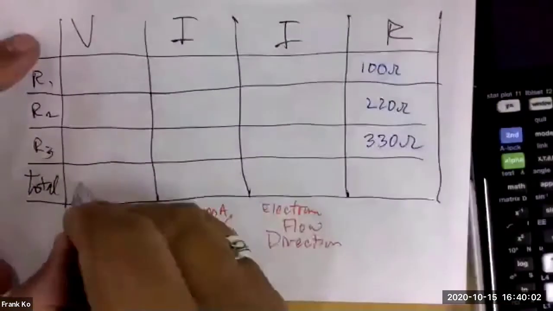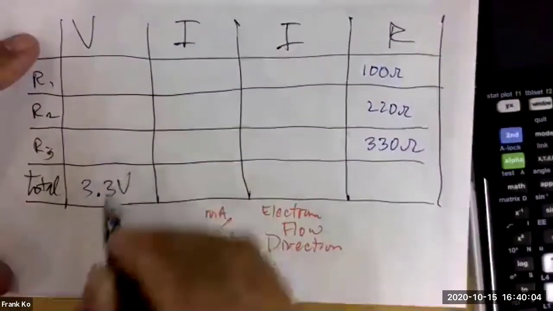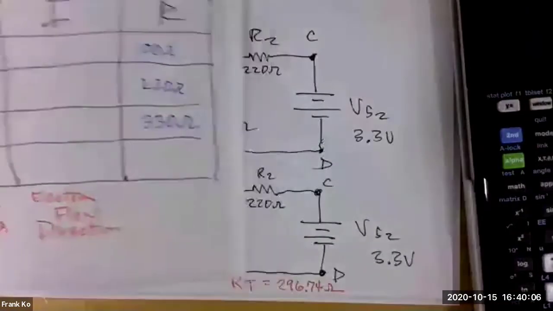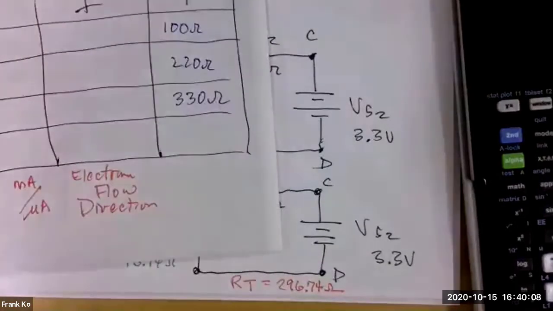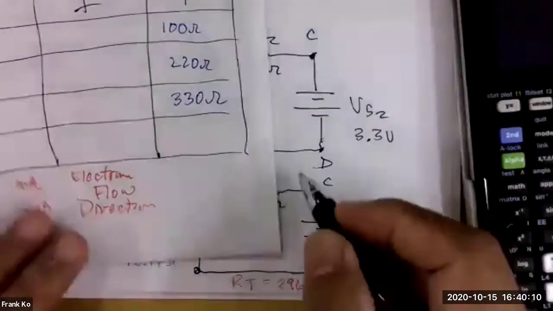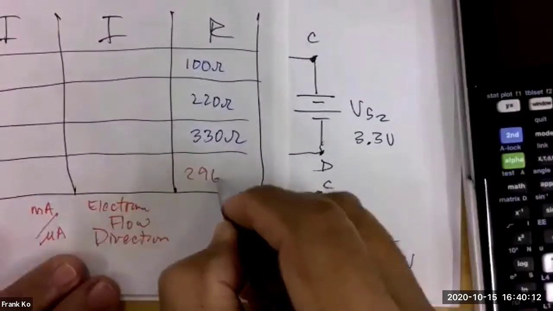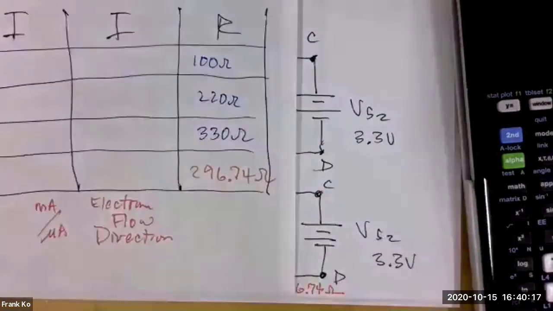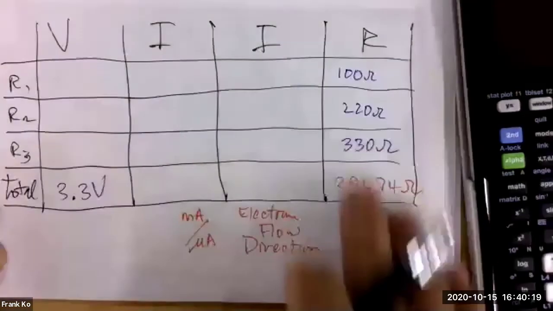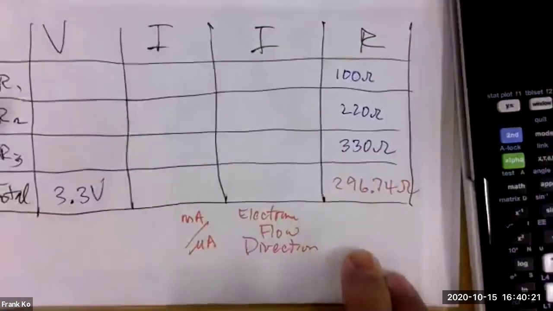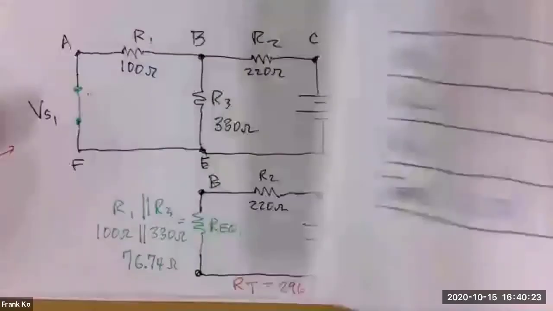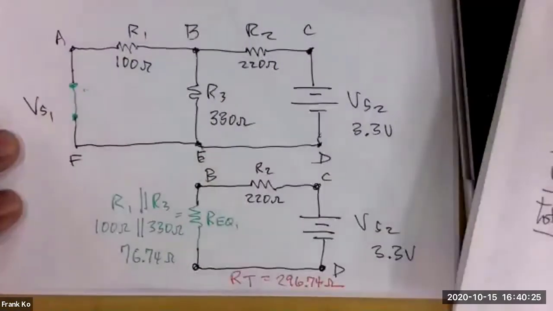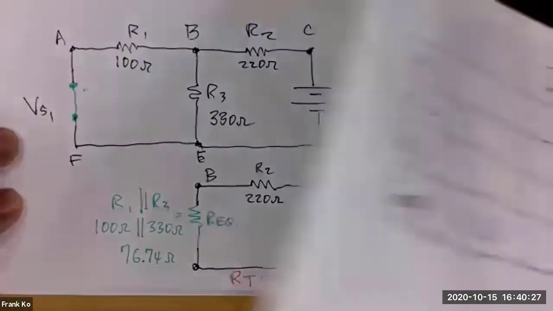So I'll go ahead and do that. 3.3 volts. And our total ohms we calculated, 296.74 ohms. Is this information so far the data that we've collected and calculated from here? So far, so good? Okay.